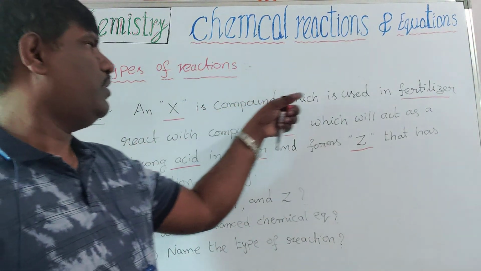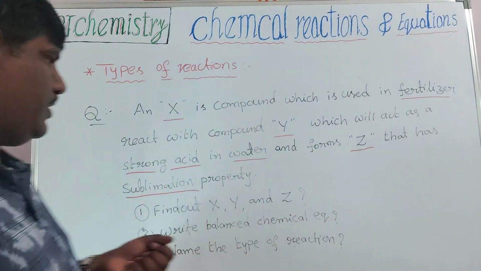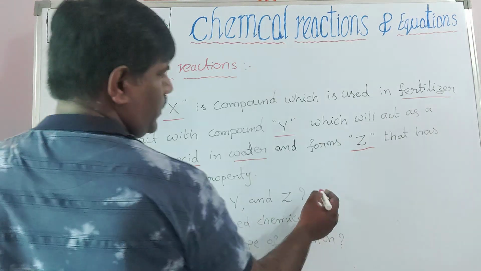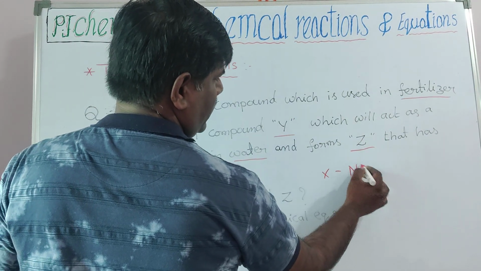X is a compound which is used in fertilizers, means ammonia, NH3. So here X is NH3, ammonia.